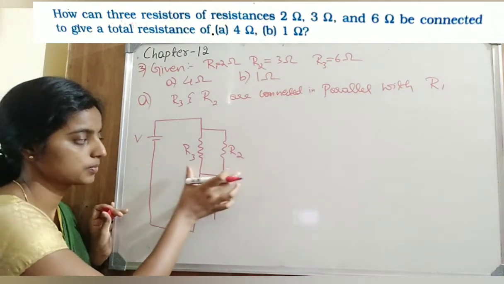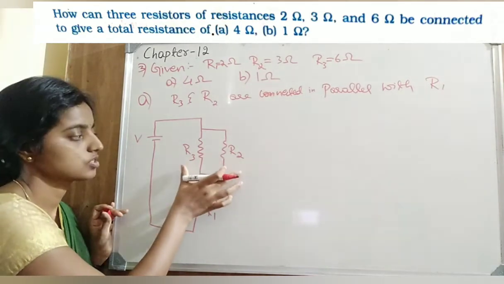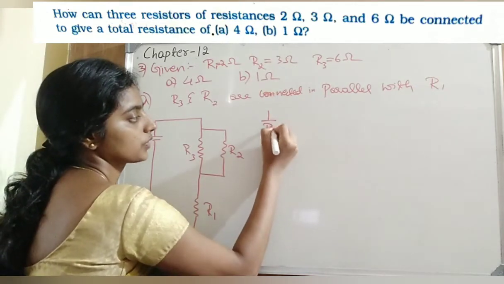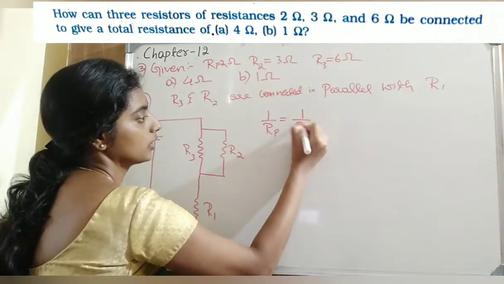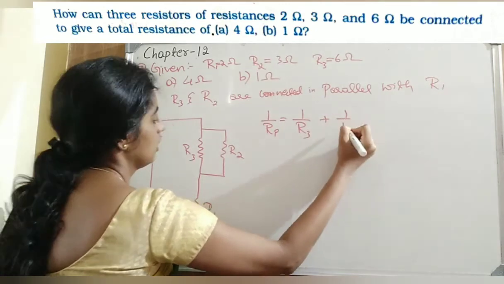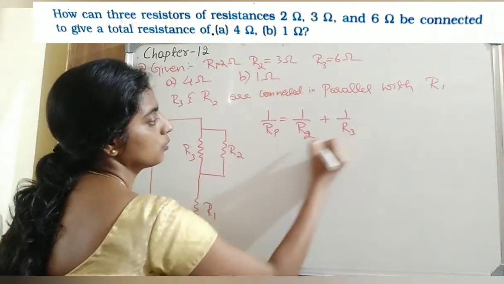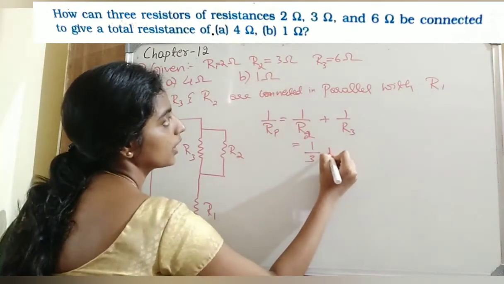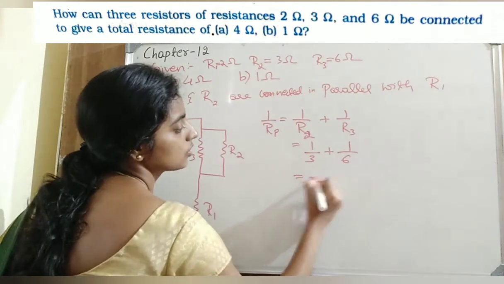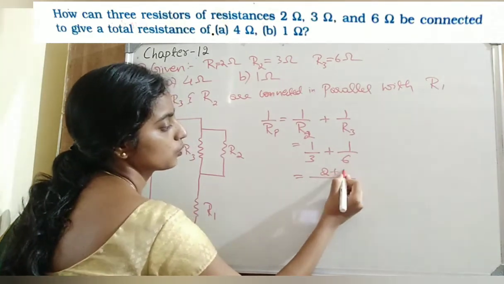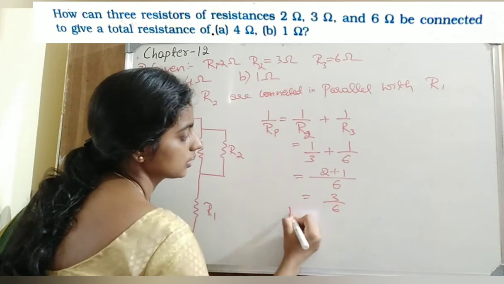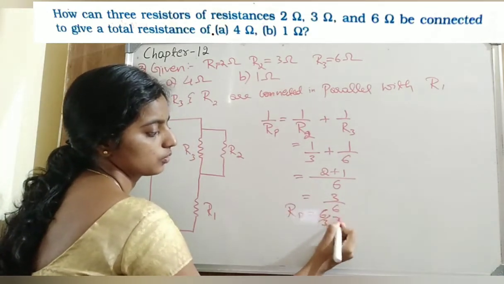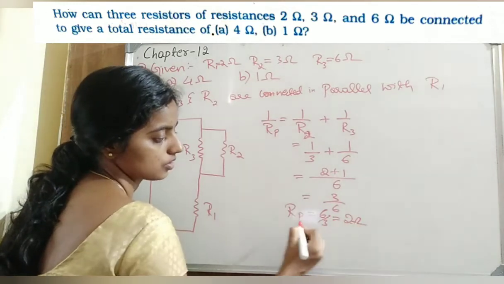If you have both series and parallel, solve the parallel first, that is R3 and R2. We know the formula, 1 by Rp is equal to 1 by R3 plus 1 by R2, that is 1 by 3 plus 1 by 6. So 6, 3 2s are 6, 1s are 1, we will get 3 by 6. Rp is equal to what? Reciprocal of this, 6 by 3, which is equal to 2 ohm as the answer.